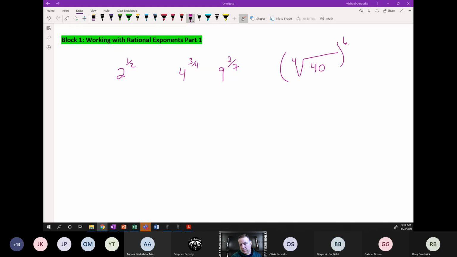So I'm going to copy this down right away. I'm going to give you the rule first, and we're just going to work from the rule out. The rule looks like this: a to the m over n equals this. I'm going to color code this.